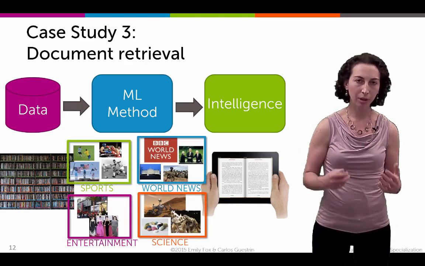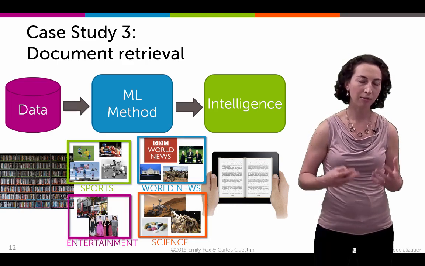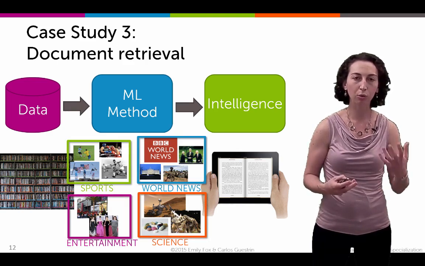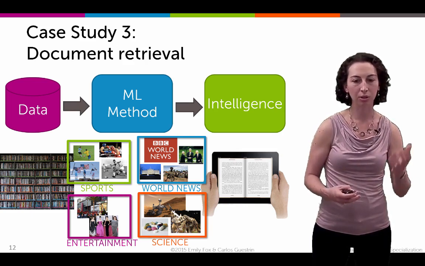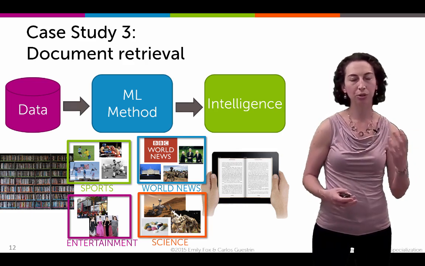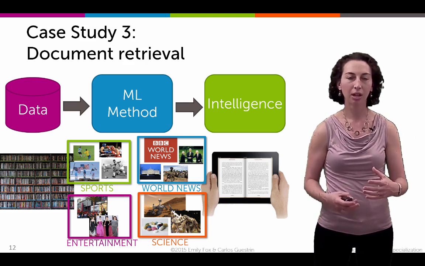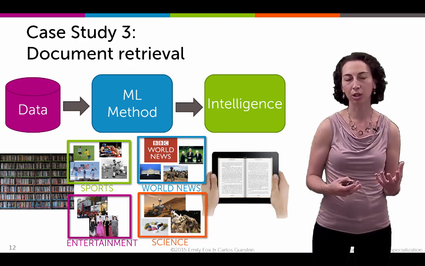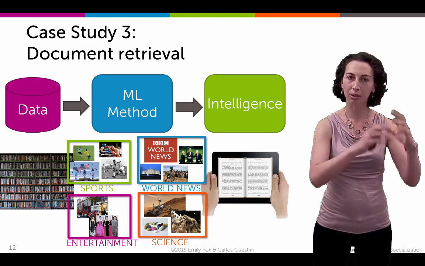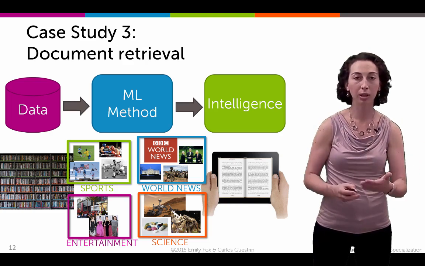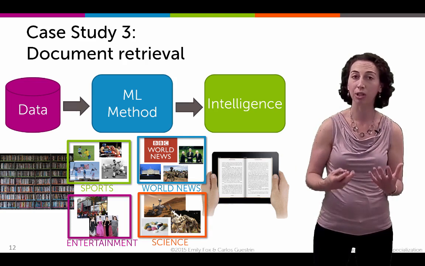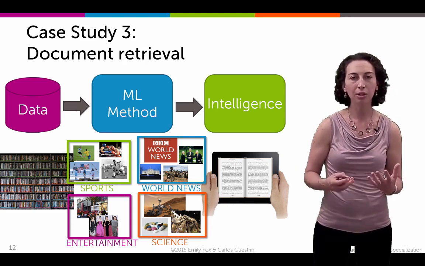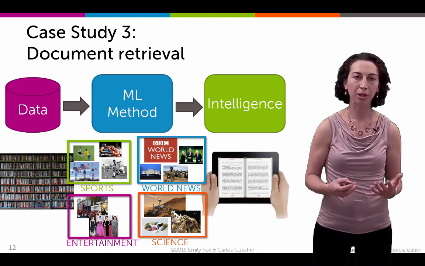And what we're going to do in this case is we're going to try and find structure in this data based on groups of related articles, such as maybe there's a collection of articles about sports and world news and entertainment and science. And if we find this structure and annotate our corpus, our collection of documents with these types of labels, which we don't have ahead of time, we're trying to infer this from the data, then we can use this for very rapid document retrieval.